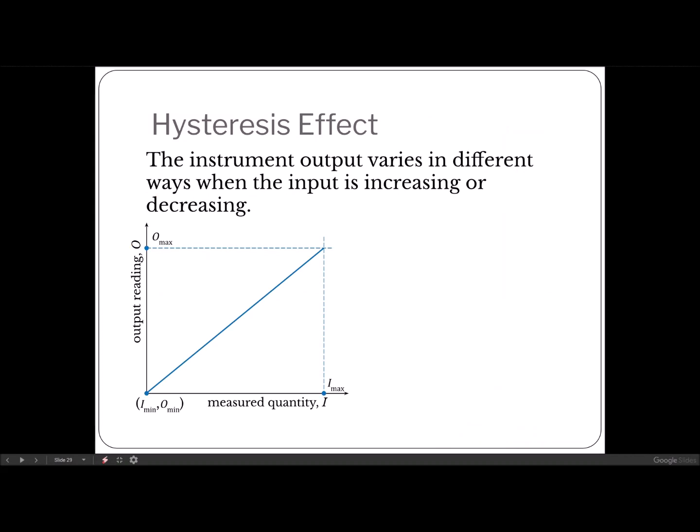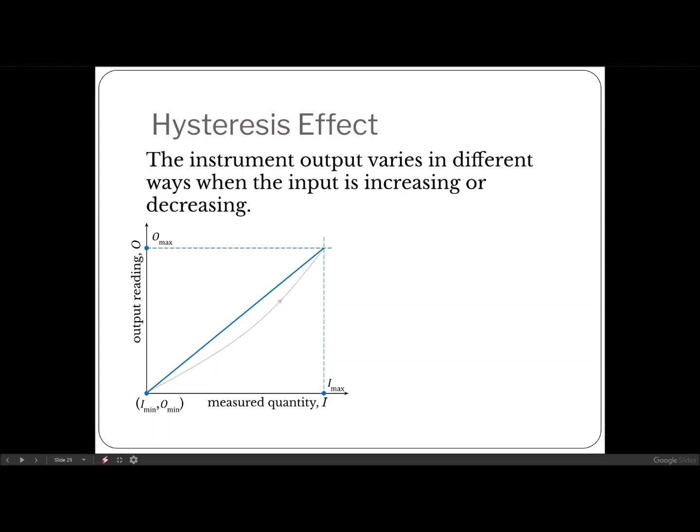The next one is hysteresis. What is hysteresis? We have already discussed nonlinearity. Nonlinear effect gives a relationship between output and input that deviates from the ideal linear relationship, right? Hysteresis effect is even worse.